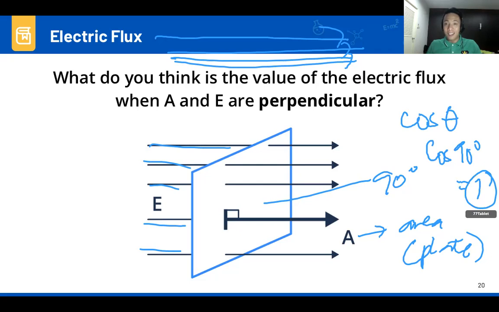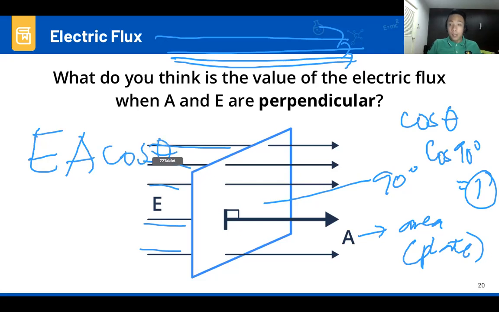So it's like it doesn't matter in our solution. So in case we have a perpendicular relationship between the area or plate and the electric field, we will just use EA. Okay? If you also want to use cosine theta, your solution just gets longer, right? Cosine 90 is 1. Okay? So we can just use EA.